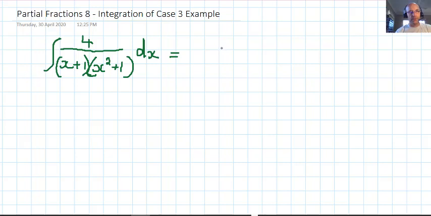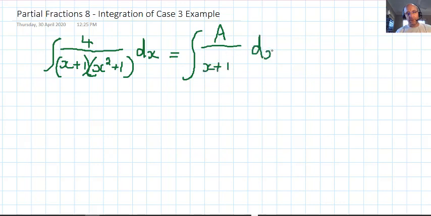Partial fractions video 8, and we're going to look at an example of integrating a case 3, and this one's an interesting one. So we've got the integral of 4 over x plus 1 times x squared plus 1. We have an irreducible quadratic, that's the x squared plus 1, and from a previous video we know the appropriate form would follow along these lines here.